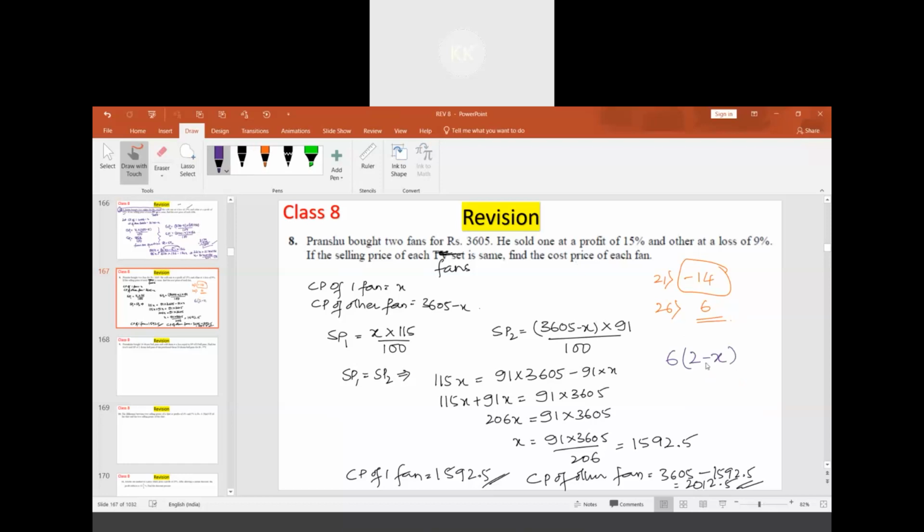When you multiply this, what do we get? 12 minus 6x. But many have written 18 minus 6x and some have written 18 minus x. These two patterns I could see in most of the papers. Whenever you have multiplication and inside the bracket there is something, please make use of the distributive property.